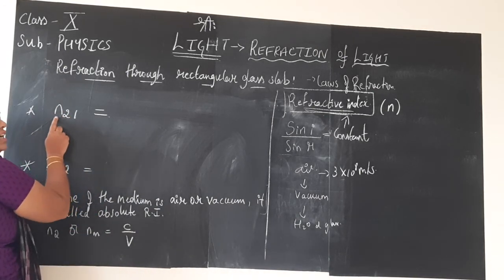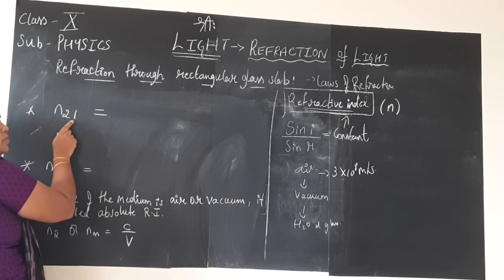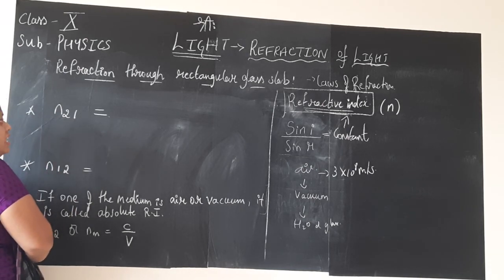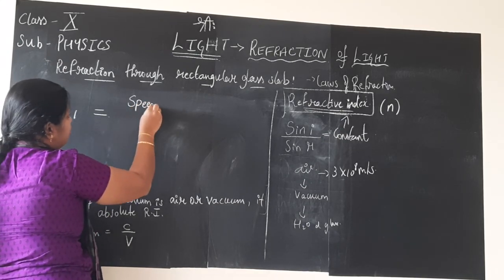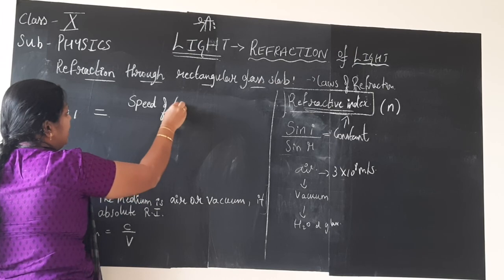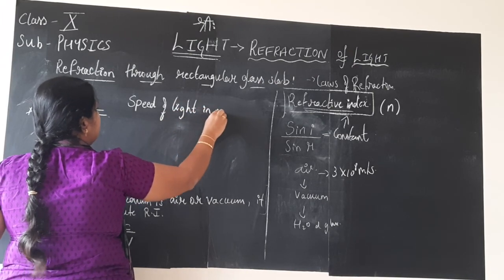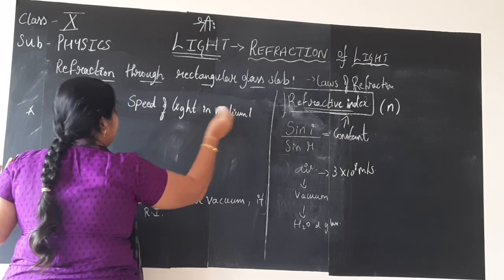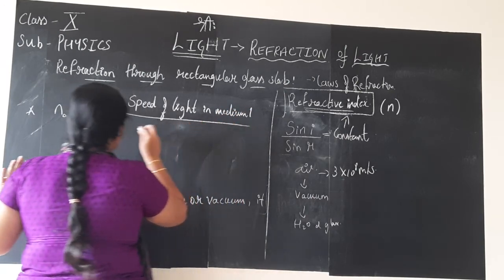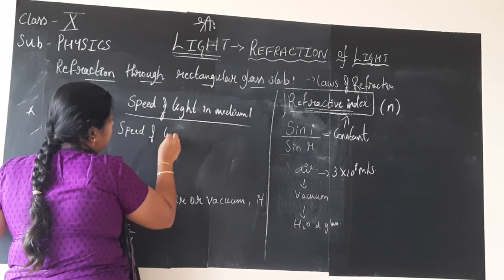So, when we take the refractive index of medium 2 with respect to medium 1, that is given by the ratio of the speed of light in medium 1 to the speed of light in medium 2.